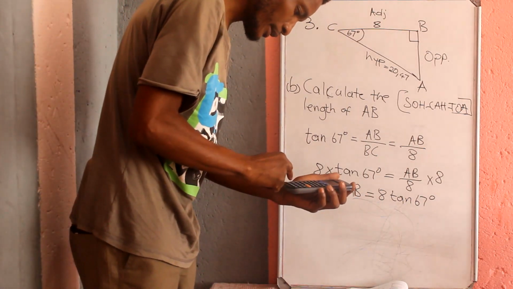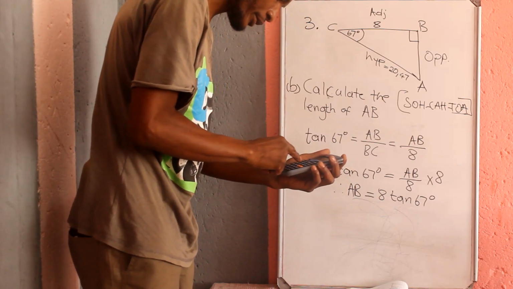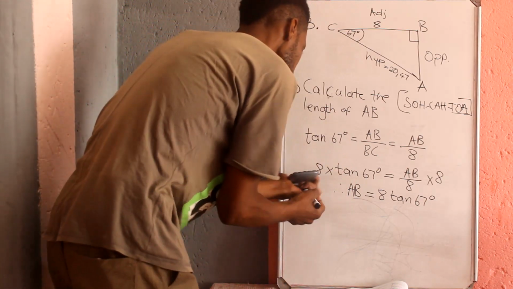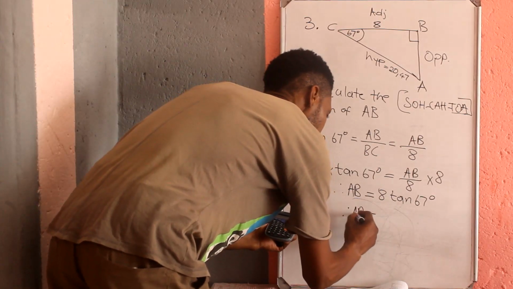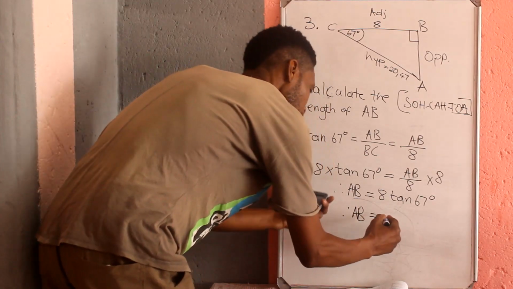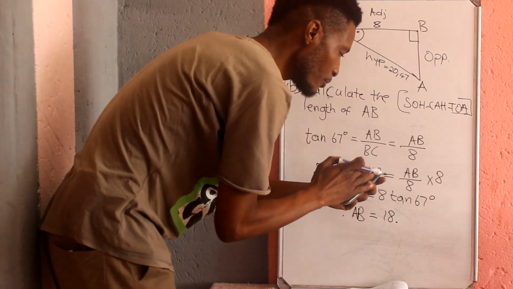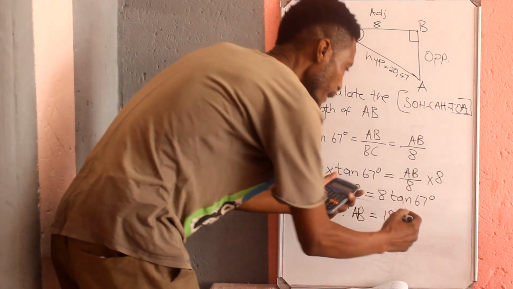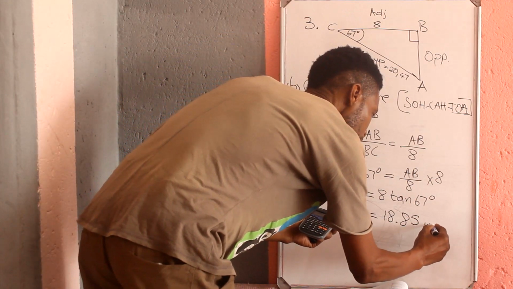That's going to be 8 tan 67 degrees, giving me 18.8468 and so on. So AB is equal to 18.85 units.